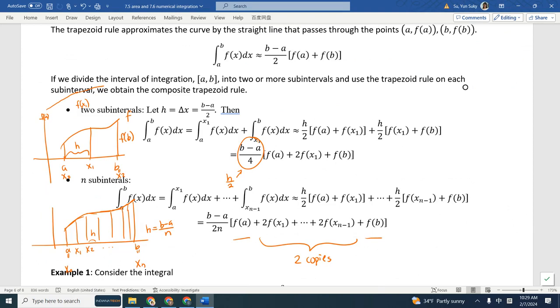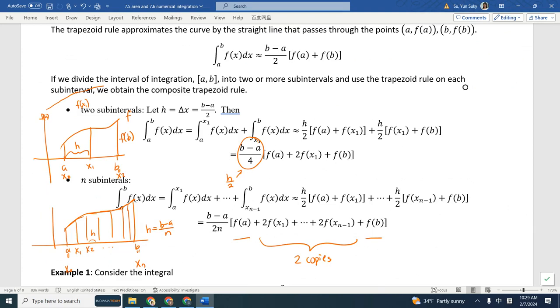So we have 1/2 H times f of A plus f of x1. This is the first trapezoid. The second trapezoid: the height is still H over 2, times f of x1 plus f of b. Is that okay, everybody? Therefore, what happened? This is still H over 2, but H is B minus A over 2, so H over 2 becomes B minus A over 4.